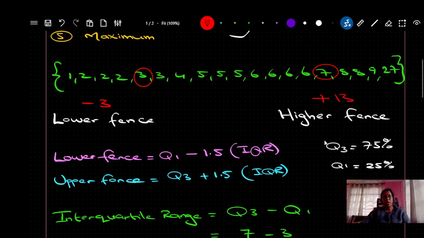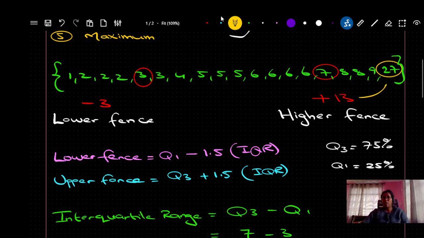So above 13 there's an outlier. More than 13 there's an outlier, and here our outlier is number 27. Why? Because it is more than 13, more than the accepted fence.